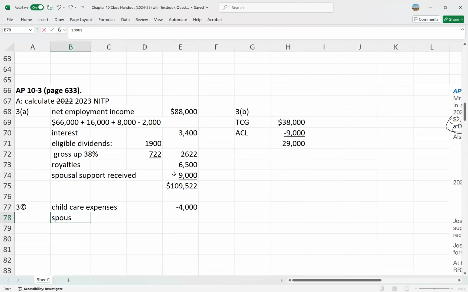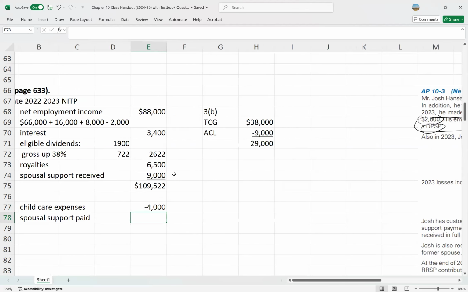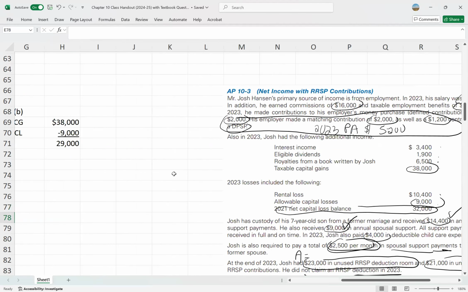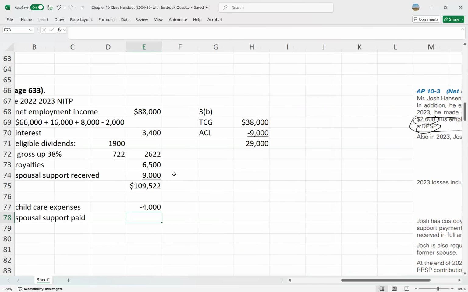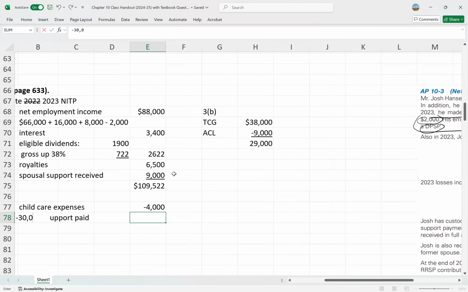Also, spousal support paid. And so he paid spousal support. And the amount that he paid was 2,500 per month. So right down here, 2,500 per month times 12 months. That's going to be a total of 30,000. So another 3C deduction of 30,000.